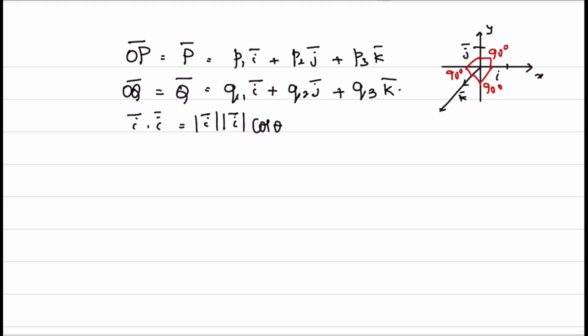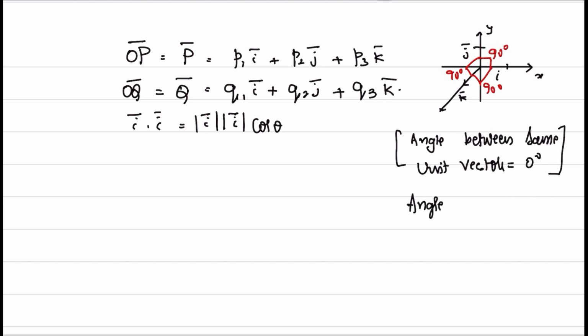Now, I bar dot I bar is equal to modulus of I bar into modulus of I bar into cos theta. The angle between the same unit vectors is 0 because they are on the same line.